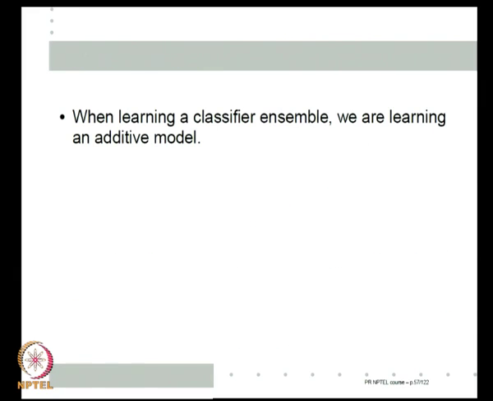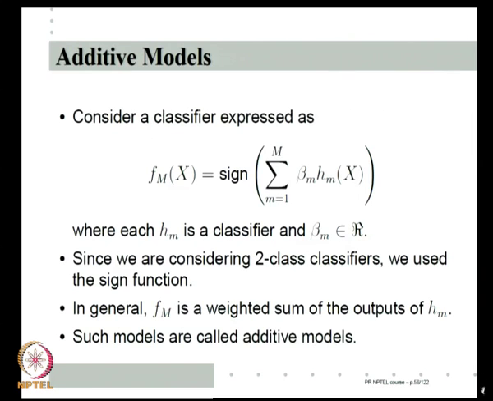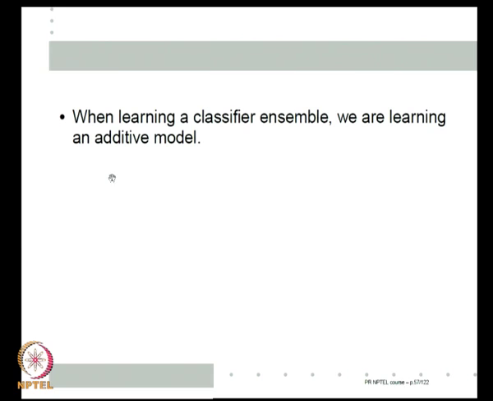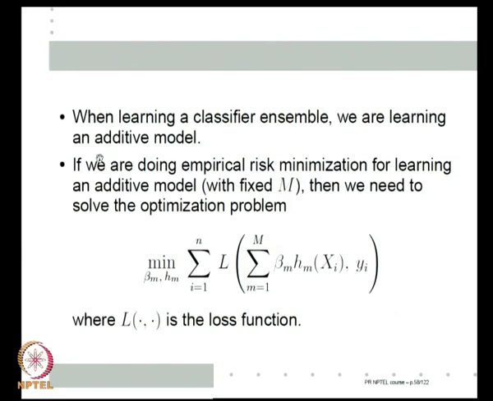If we are learning an ensemble, we are essentially learning an additive model. As we already know, this is an ensemble classifier. If each of the h m is a classifier, this is like a weighted majority. We have to somehow combine the h m, so this is one way of combining. We can think of classifier ensembles as essentially learning additive models.